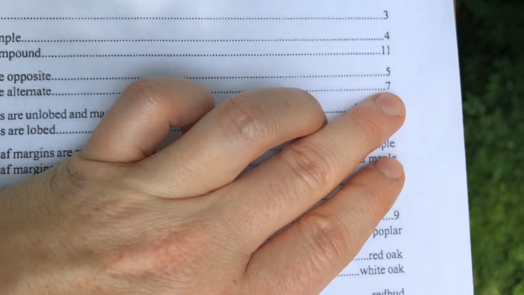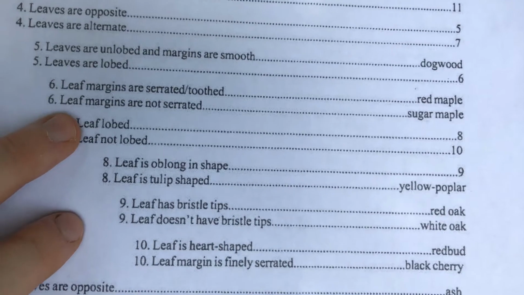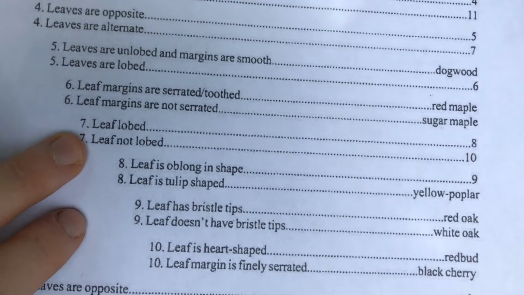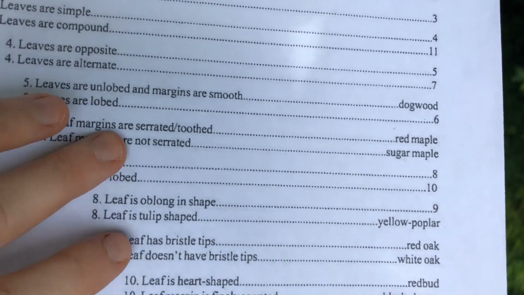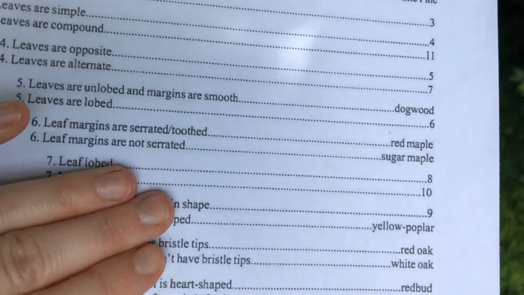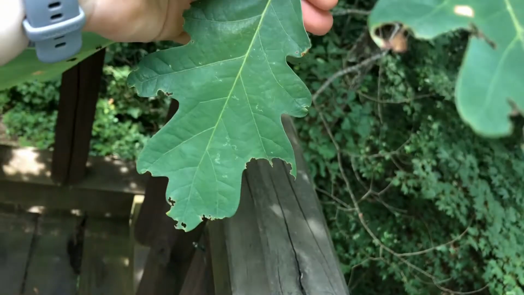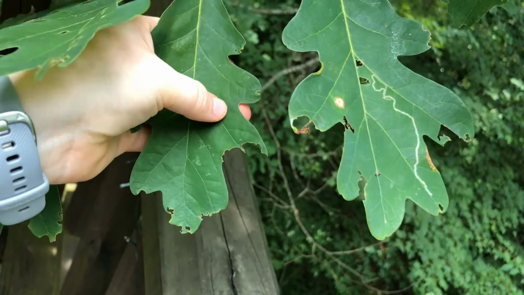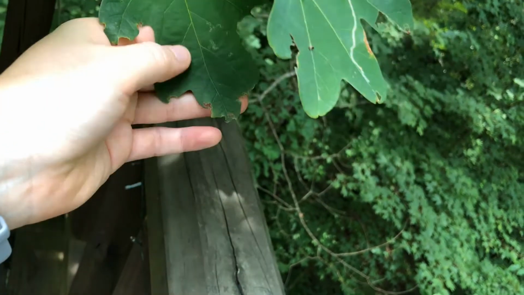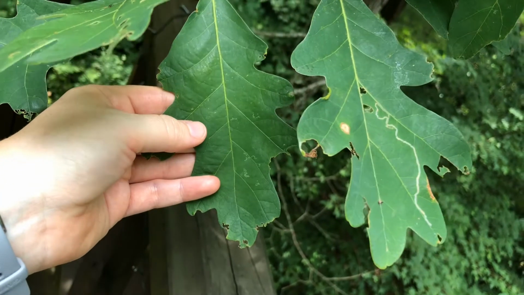We're going to go down to number 7. Now, it says, are the leaves lobed or are they not lobed? So remember, lobed leaves do not have one single edge, like a rounded or oblong edge. They're kind of curvy on the ends. Now looking at our leaf again, we can see that it's clearly lobed. There are several lobes coming off of this leaf structure. It's not smooth on the edges all the way around.